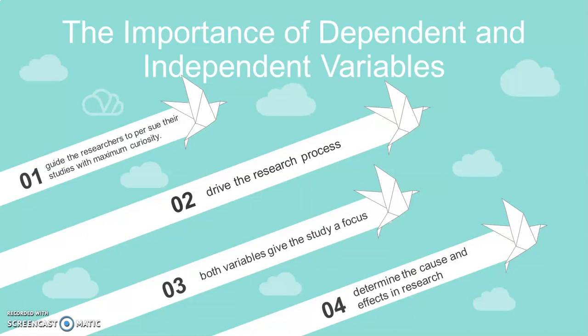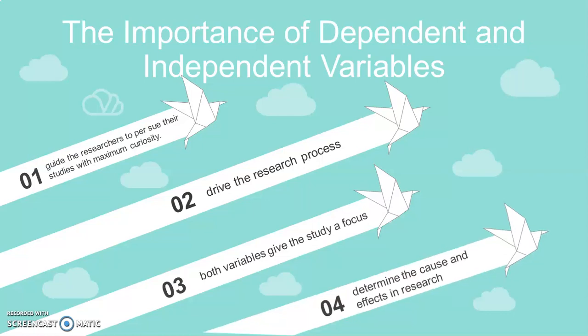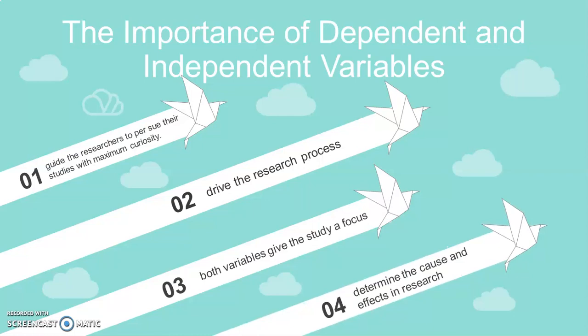Dependent and independent variables are also important because they determine the cause and effects in research. Although not all independent and dependent variables are causal related variables, the notion of cause and effects can help clarify the idea of independence in the independent variable and dependence in the dependent variable.